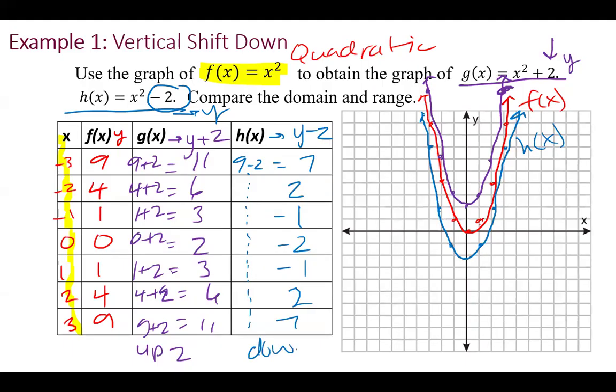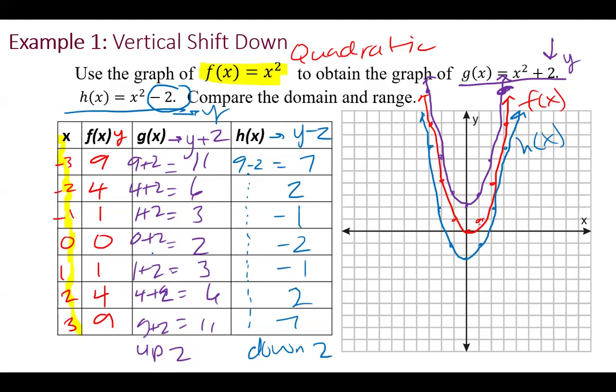Went down 2 units. Once I realized what was happening, I didn't actually plot my points. I just went to the red points and either went up or went down. I know that they're going up and down. So I went to the red and said, okay, I need to move you up 2 units, 1, 2. To get the blue, I need to move you down 2 units, 1, 2.